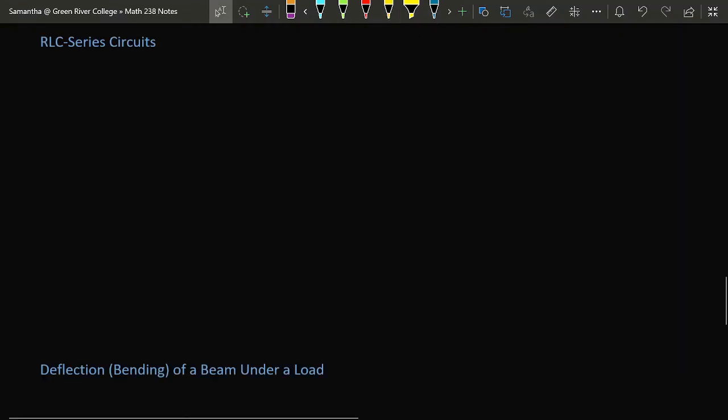Yesterday we looked at circuits that contained only a resistor and a capacitor, or only a resistor and an inductor. But a natural question is, what if the circuit contained all three components? In that case, you can totally still set up a differential equation representing the impressed voltage, the resistance, the inductance, and the capacitance.